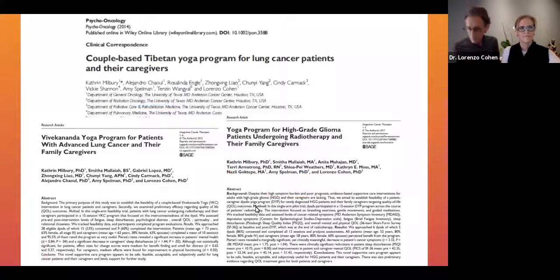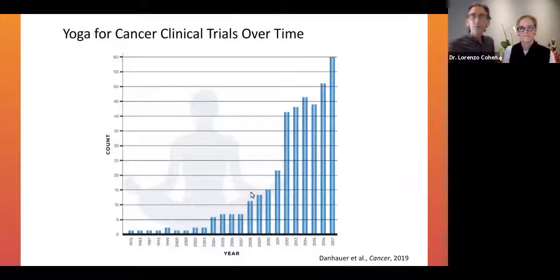An important area of research being run by my colleague Lorenzo Cohen is actually delivering this not just to the patient, but also to the primary caregiver and the patient as a dyad, because they, of course, influence each other, and we can get into that later. And there's been an explosion in yoga research in oncology in particular, in a paper that I wrote with Suzanne Danhauer.